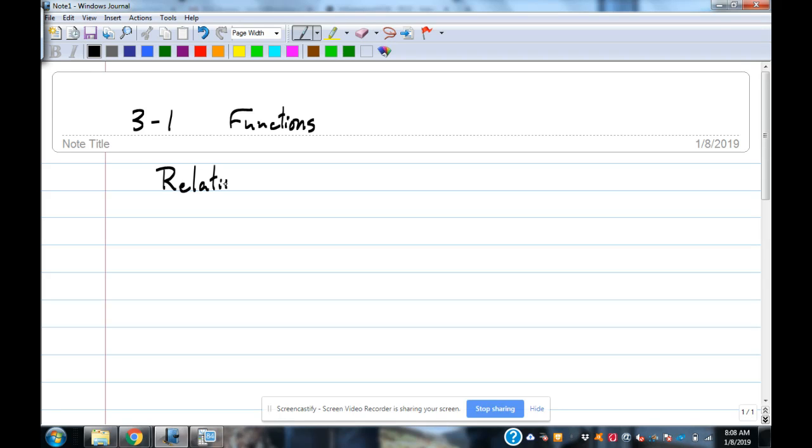All right, so the basis of functions are things called relations, and a relation is a correspondence between two sets.